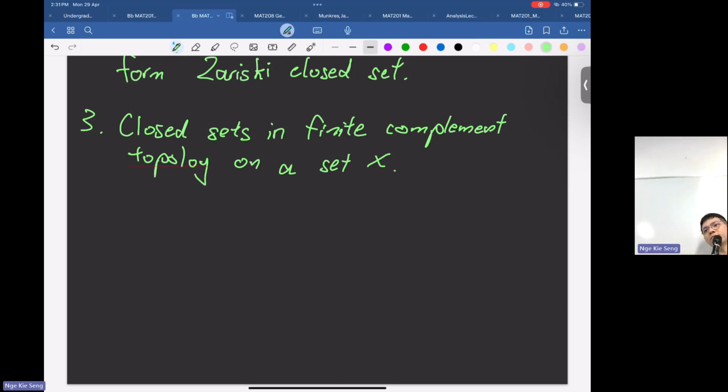When do we declare a set to be open in that topology? When the complement of that set is finite or it is equal to the whole set. So what is the closed set here? Closed set means the complement of this set lies inside the topology.